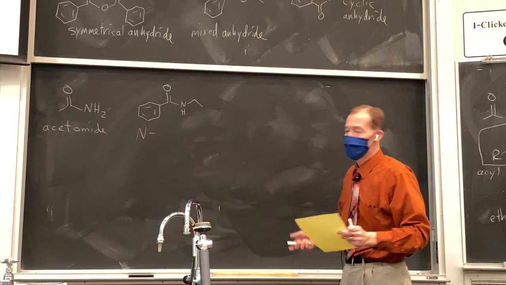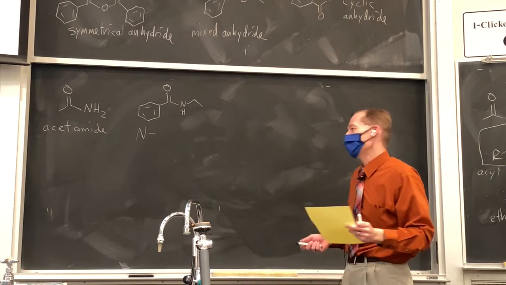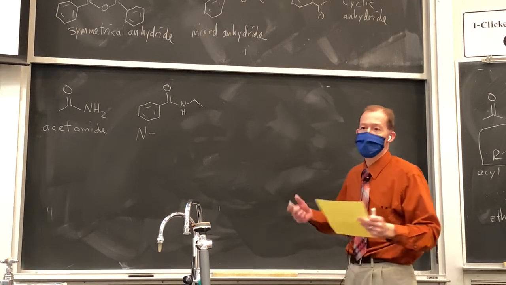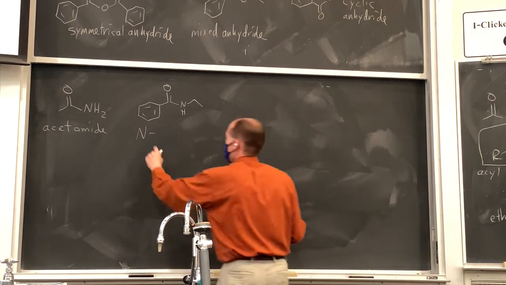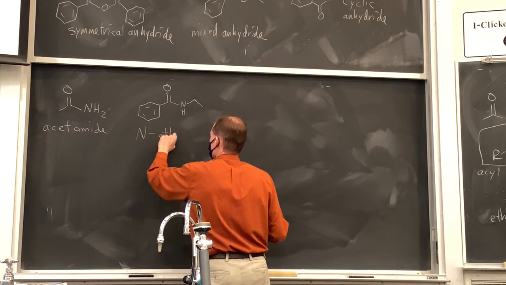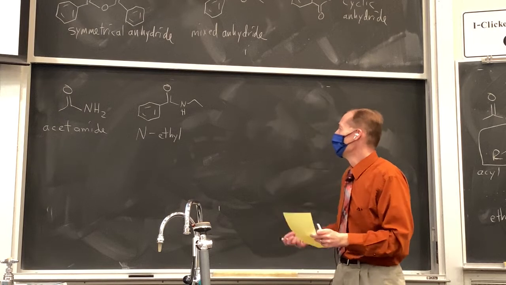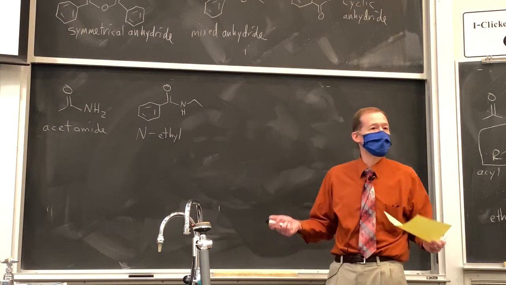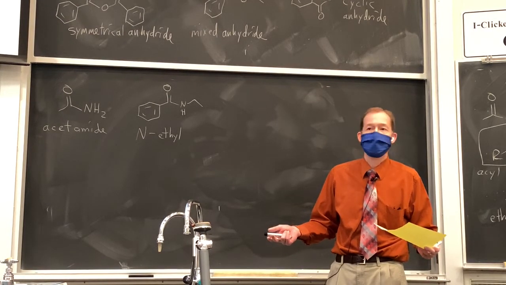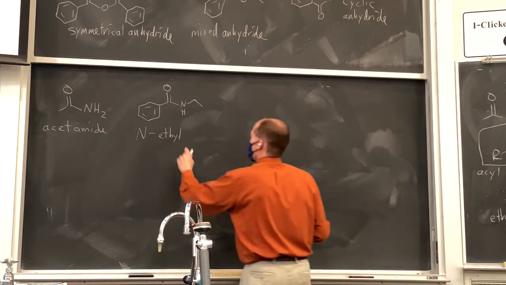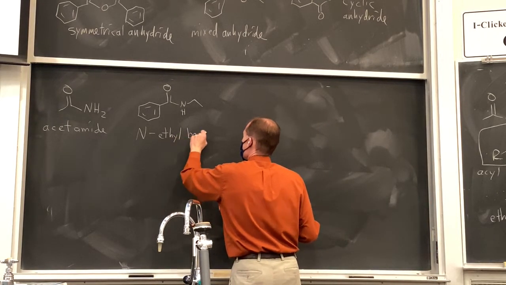So we put an N in the front of the name to indicate that the alkyl group is attached to a nitrogen. Then we name our alkyl group. So this molecule is called N-ethyl. And what carboxylic acid is it derived from? Benzoic. So this is N-ethyl benzamide.